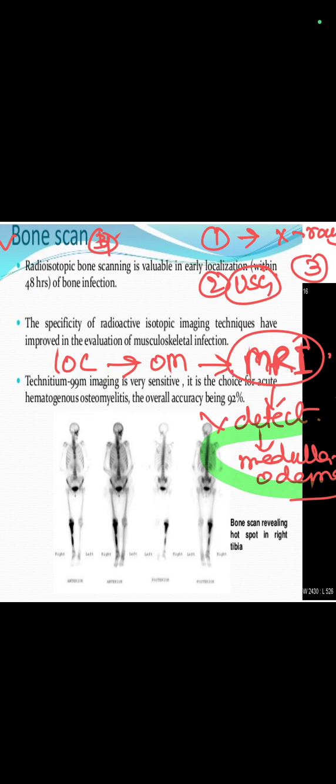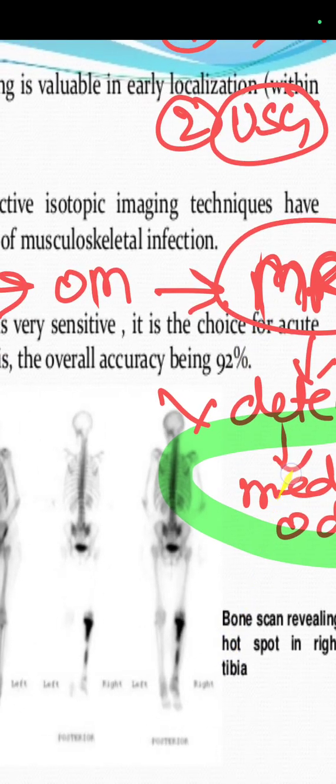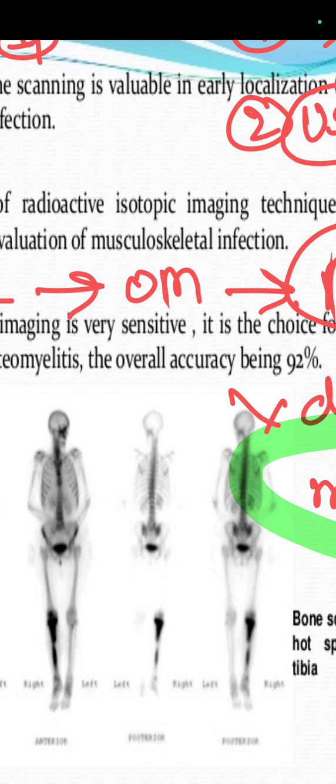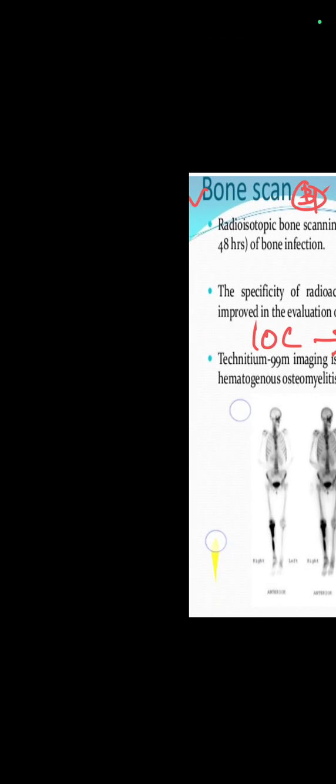This is the choice for acute hematogenous osteomyelitis, the overall accuracy being 92%. Bone scan revealing a hot spot in the right tibia. In the right tibia, we can see the hot spot like this, black.